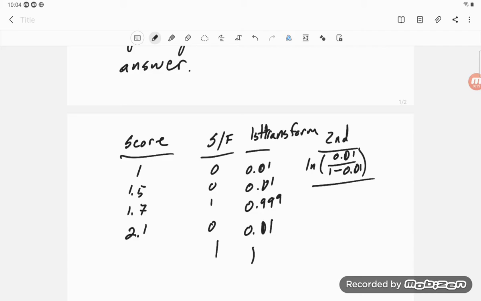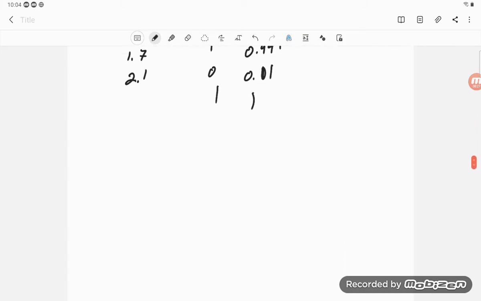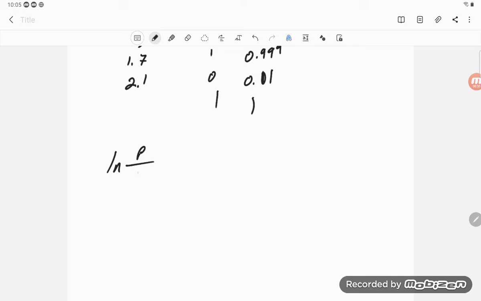We're going to then fit that data, and as you know, we're going to get coefficients. And so what we'll end up with is something like the natural log of our success or failure probability, so I'm just going to call it P, over 1 minus the probability, is equal to some bx plus a, where a is our intercept.